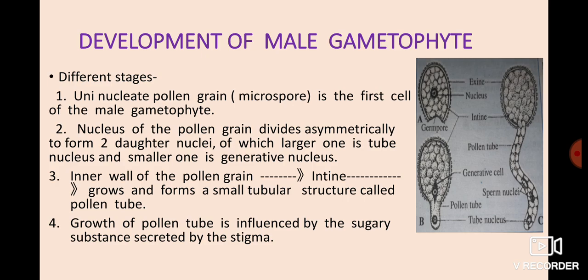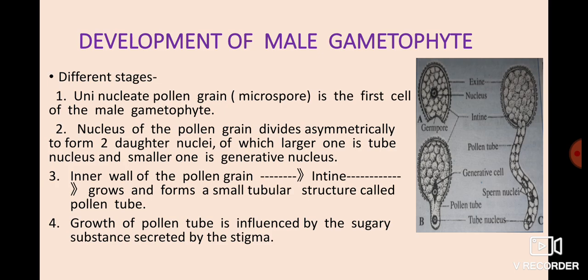You can see from this picture the pollen grain is given. The outer layer is termed exine, and within it you have your nucleus, and the inner layer is termed intine. Now in the next picture, in B, you can see how the division by asymmetry has taken place and the generative cell is produced.